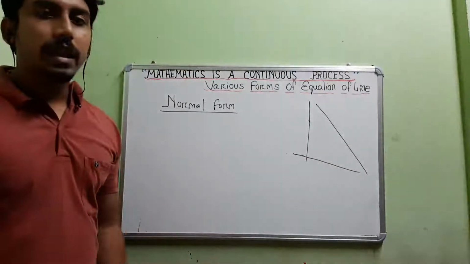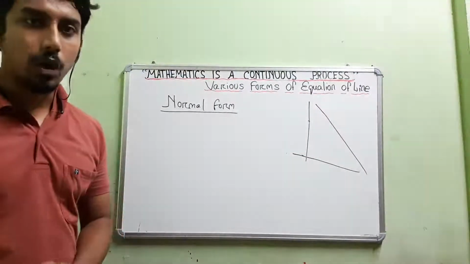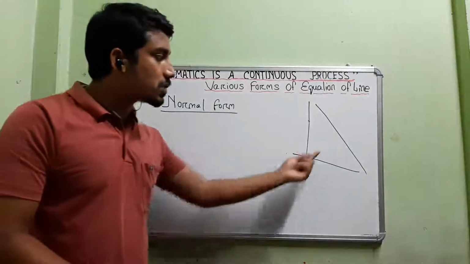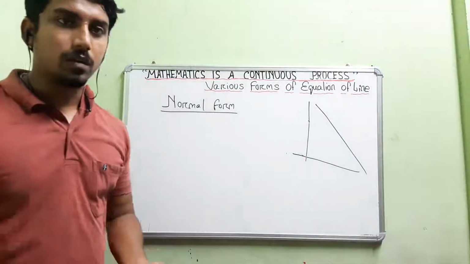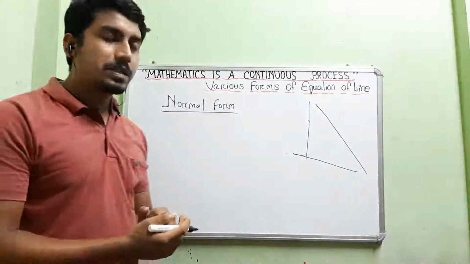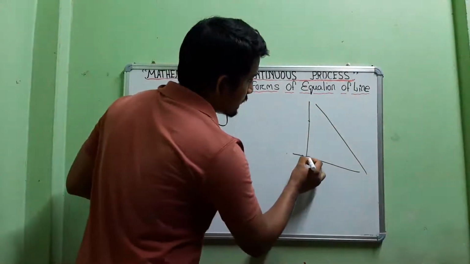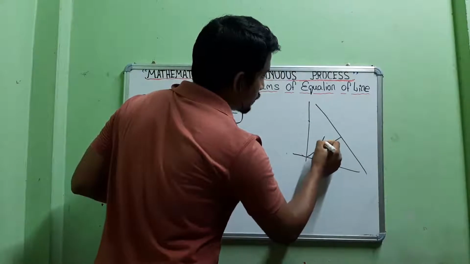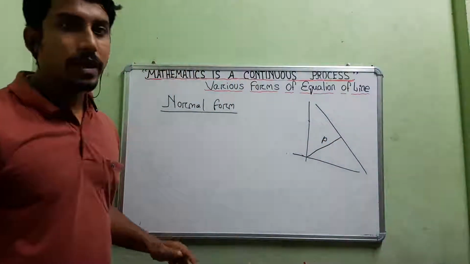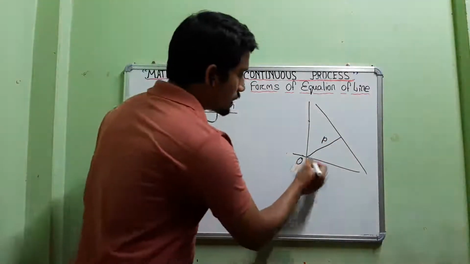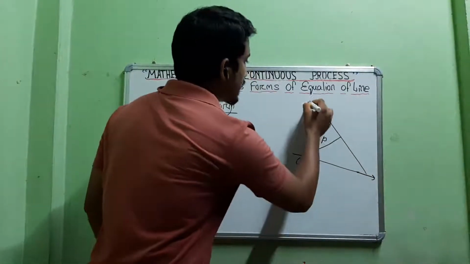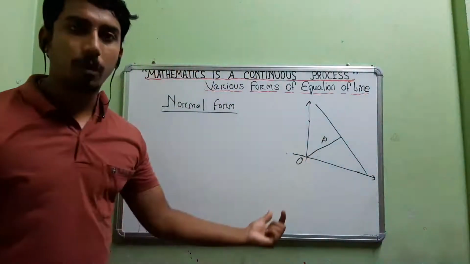Obviously that straight line will have some distance from the origin, and we can get the perpendicular distance of that straight line from the origin. Distance here means perpendicular distance. Suppose from the origin the line is at a distance of p unit, small p.